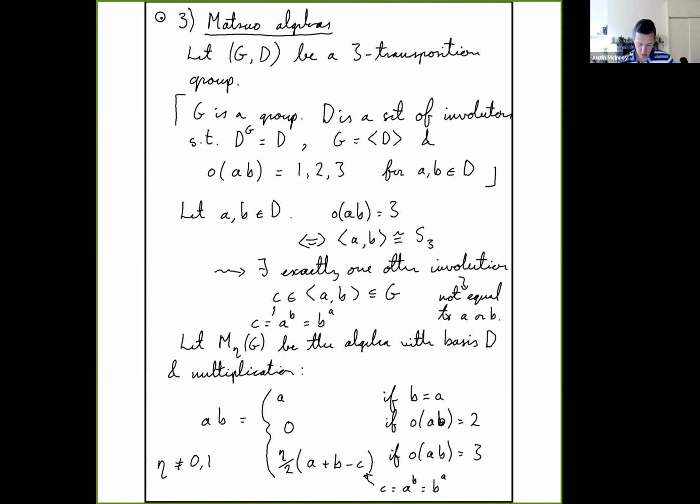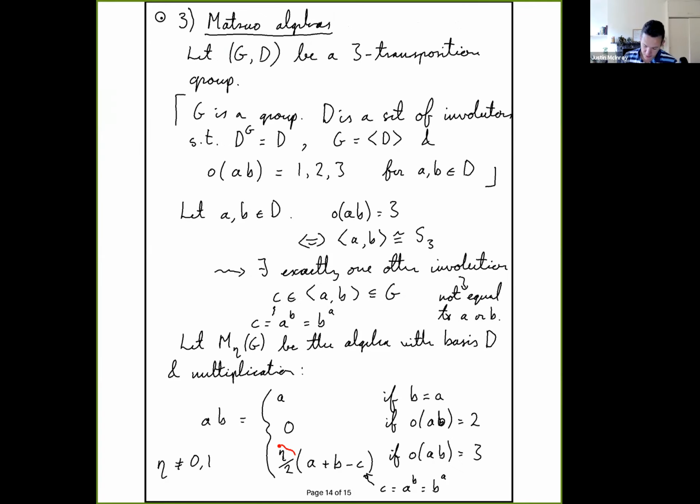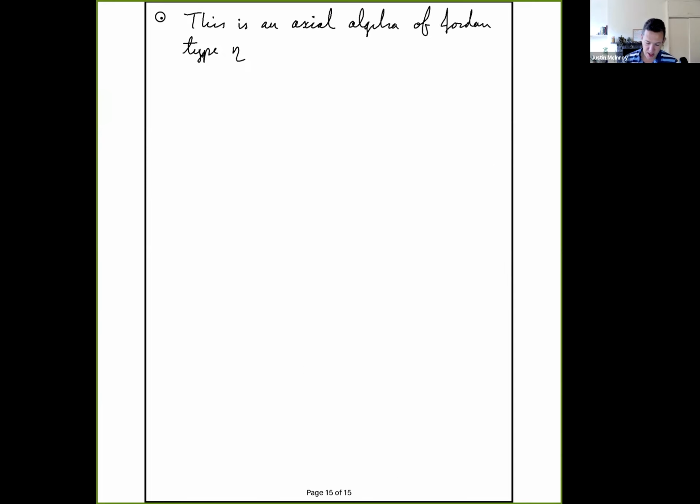And this is an axial algebra of Jordan type eta. So that's why I've slightly scaled my scalar here, eta over 2. This thing is going to give me an axial algebra of Jordan type eta, and also it is primitive.